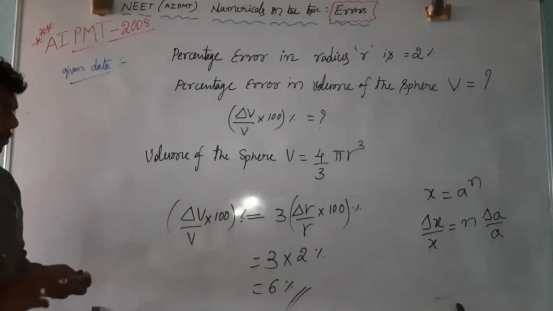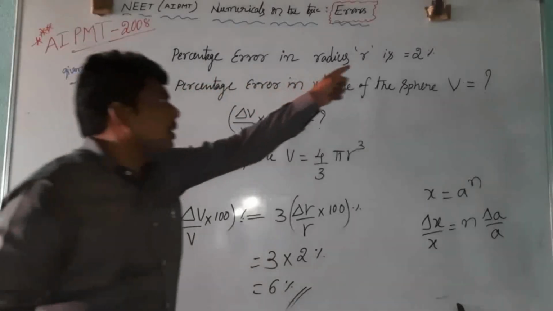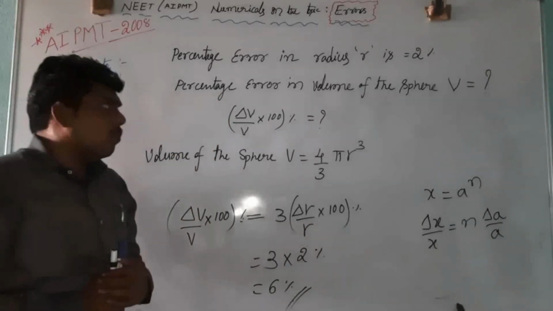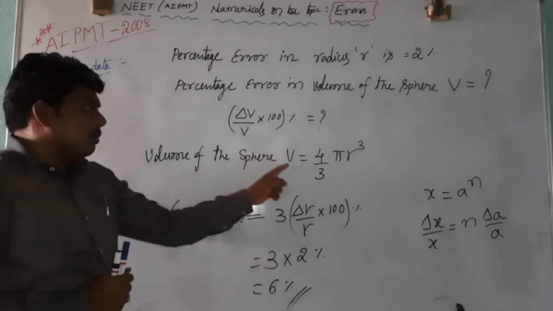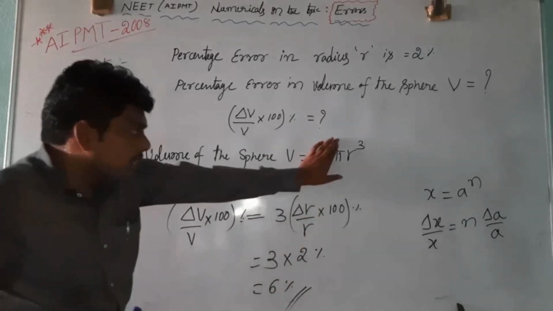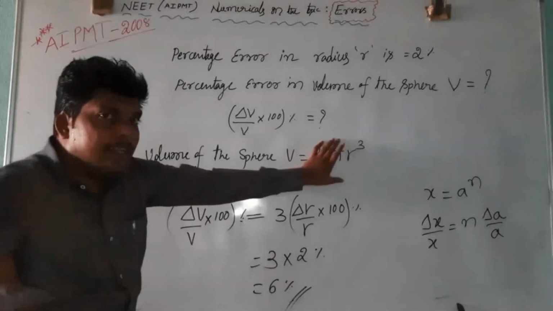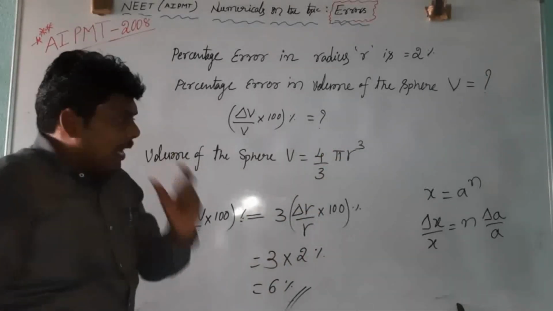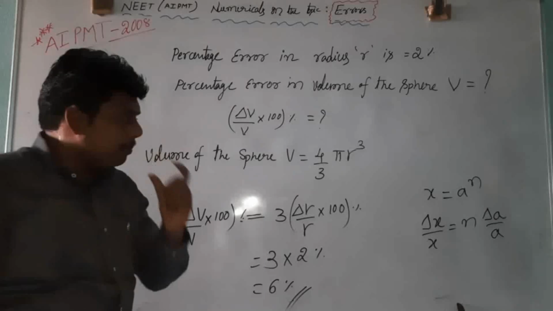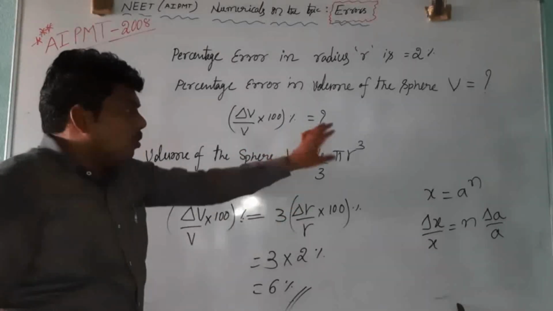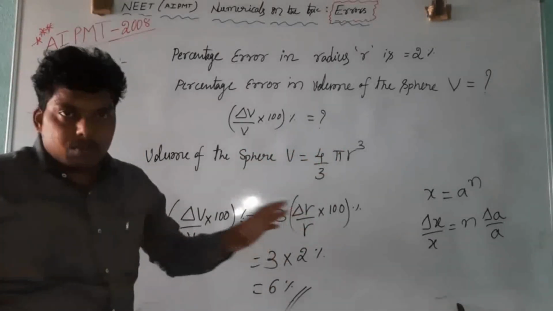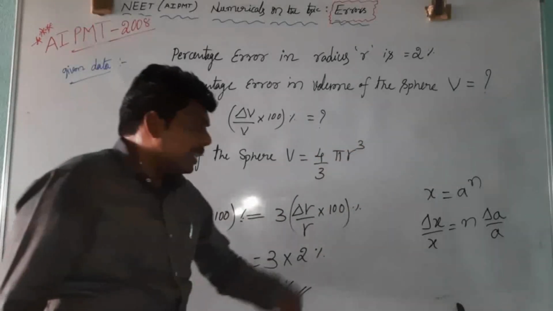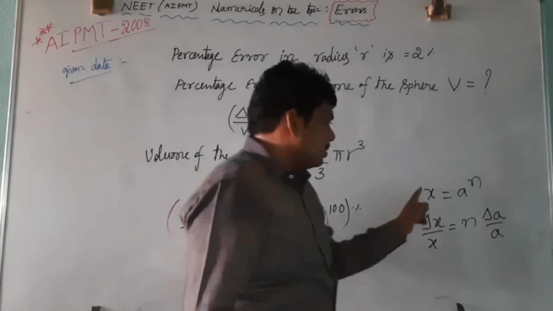The question is very simple. They have given the percentage error in radius. The value is 2%. We have to calculate the percentage error in the volume of the sphere. Volume of the sphere is given by 4 by 3 pi r cube. 4 by 3 pi is not a physical quantity, that is the proportionality constant, so we should remove it. While determining the errors, we should remove the proportionality constant, we should not consider it. So the volume is proportional to r to the power 3. When they have given the power of a physical quantity, what is the relative error?